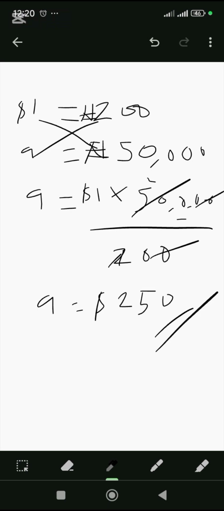Okay, so what that means in that question is that if $1 is 200 naira and you convert 50,000 naira to dollars, it should give you $250. Okay, and so this is exactly how the equal to sign works.